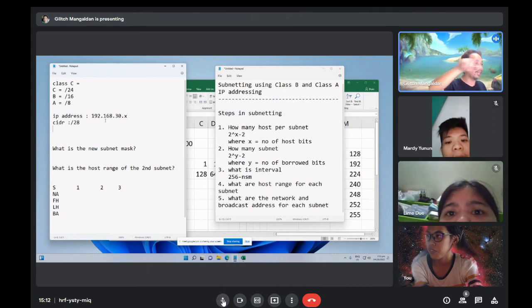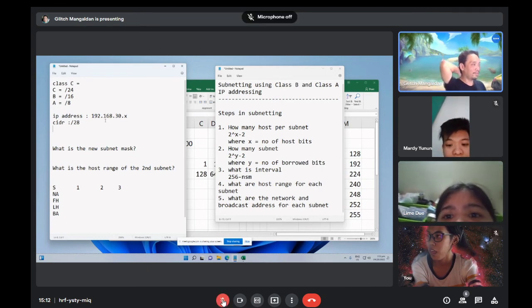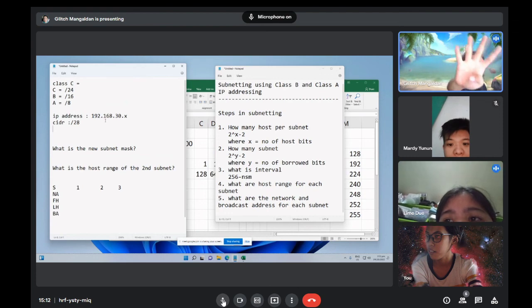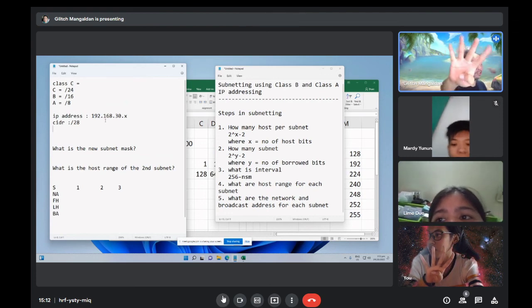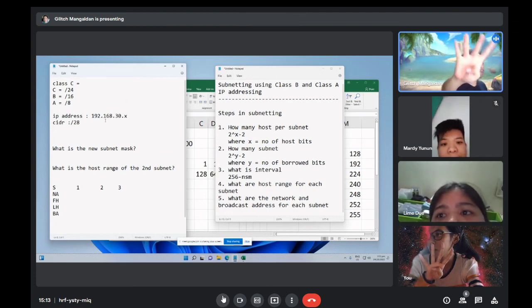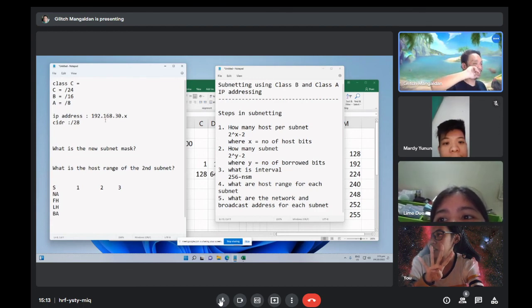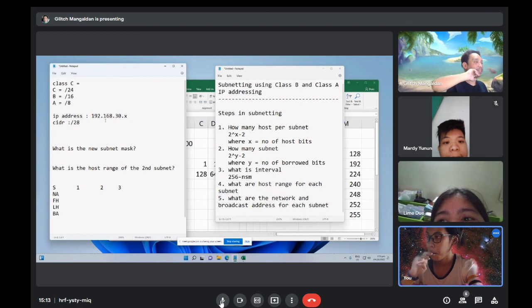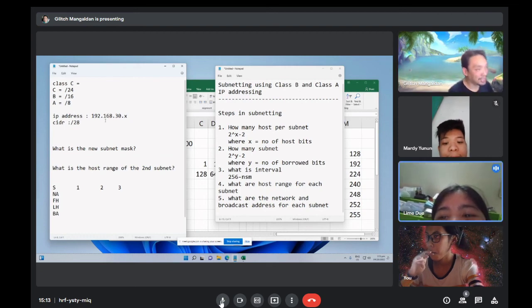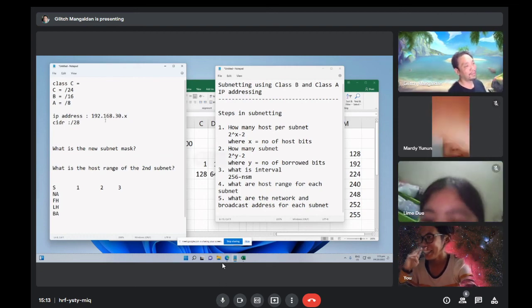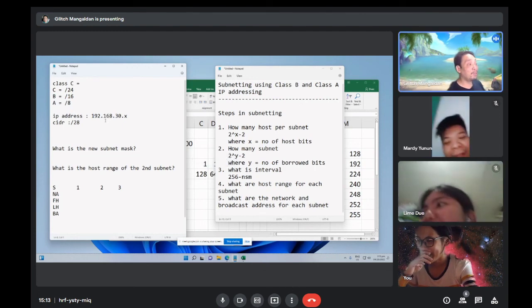From 24, naging 28. 4. 4 ang difference. Ano tong 4 na to? Host bits or borrowed bits? That is borrowed bits. Borrowed bits yan, class.